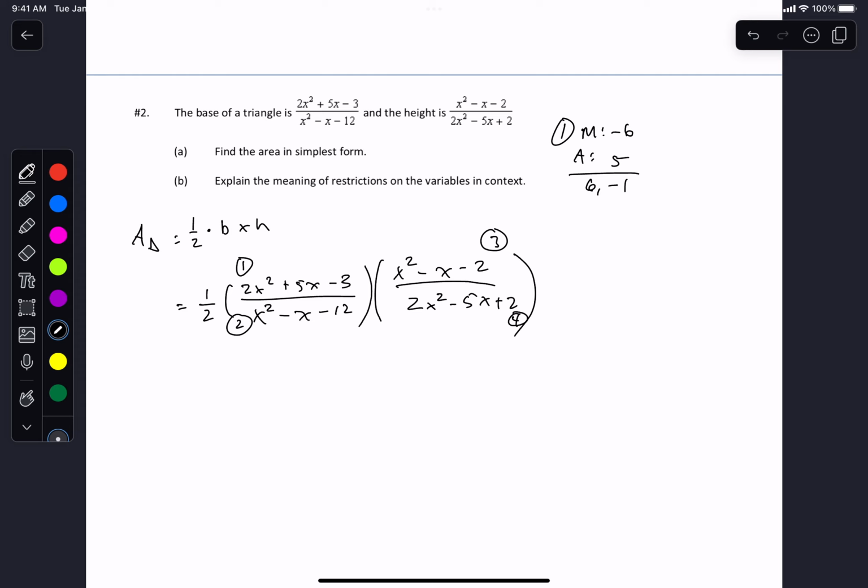You're going to get 2x squared minus x plus 6x minus 3. I'm decomposing that middle term. So be careful. It's a complex trinomial, and you've got to factor it like a complex trinomial. So factor the x out.